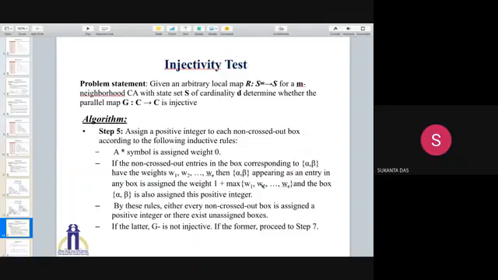Okay, and that positive integer is assigned to that box.